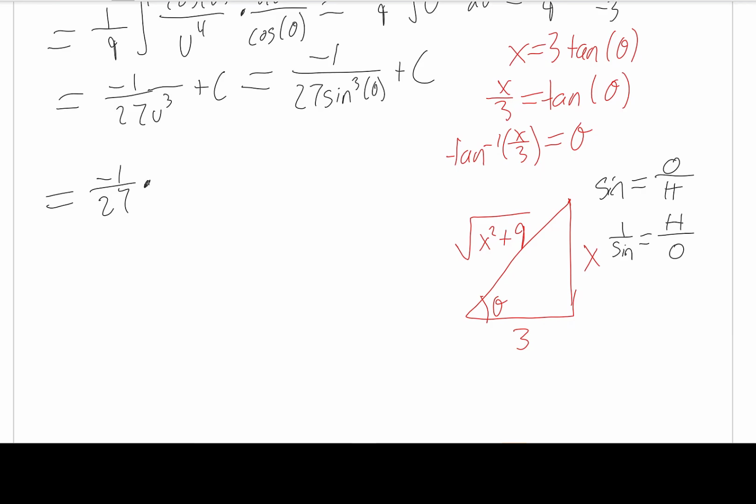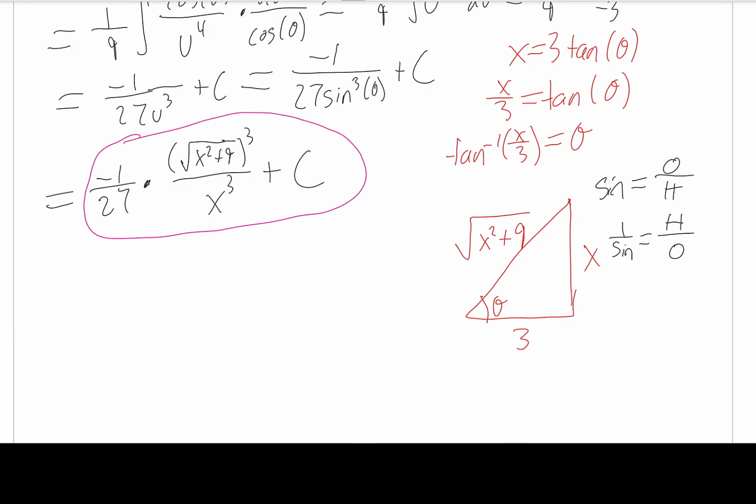So this is going to be times the square root of x squared plus 9, cubed, over x cubed, plus C. And then that will give us our answer for our integral. And once I've gotten everything in terms of x, I really don't care to simplify after that.